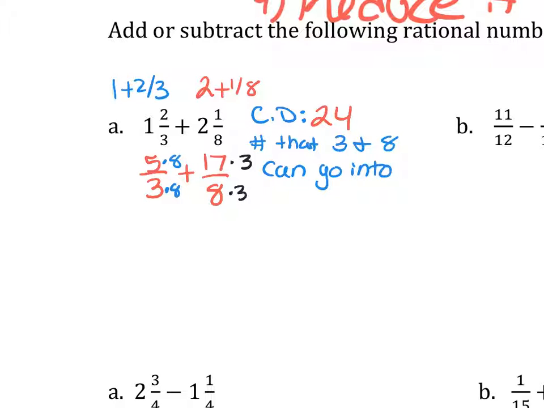Again, you do that in the numerator and the denominator. And then we go ahead and do that multiplication. So we'll have 5 times 8 is 40 over 24 plus 51 over 24.